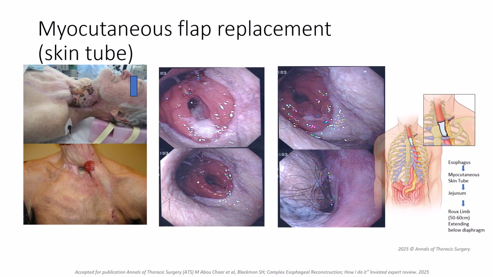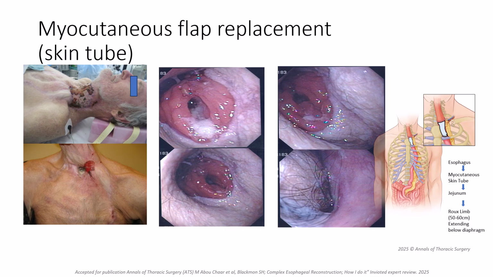We created an AV loop, what we call the BYOB, or bring your own blood supply flap, that was a saphenous vein harvested from the leg, brought up to the right axillary artery and vein as an AV loop, and then a myocutaneous flap of the right latissimus muscle with skin folded in the shape of a skin tube and anastomosed proximally to the esophagus and distally to the jejunum.